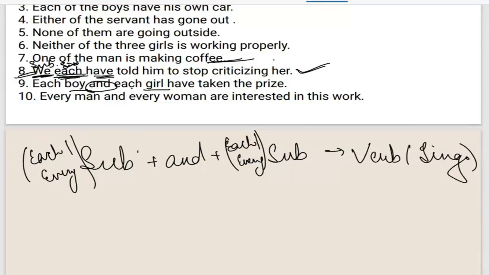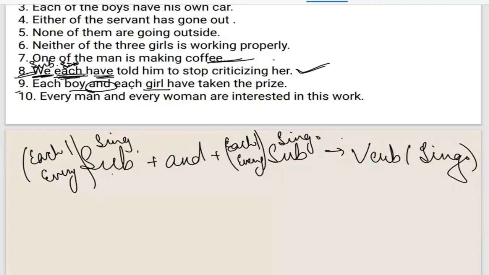Whenever each or every is used before the subject, the verb used with them will always be singular, and this noun or pronoun, this subject, will also be singular.